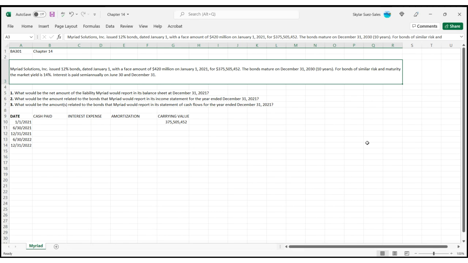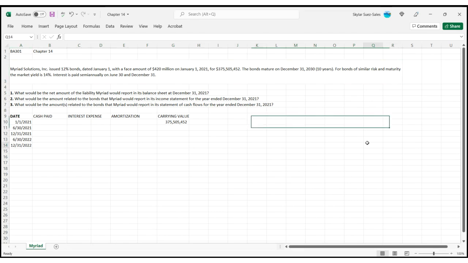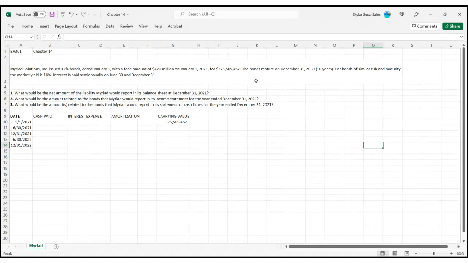For bonds of similar risk and maturity, the market yield is 14%. Okay, in this case, since the market rate is higher than the stated rate, then the bonds are issued at a discount. You don't have to calculate the issue price because it's already given. Okay, so you don't have to do this part.